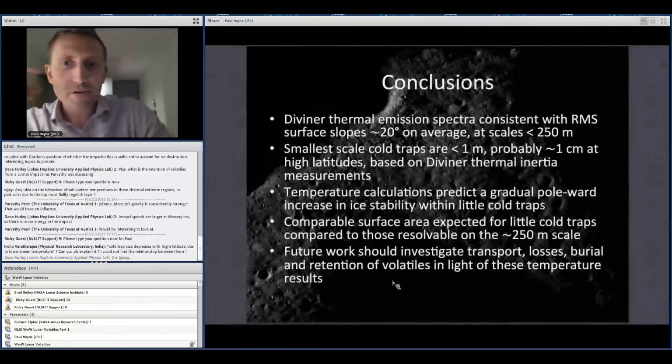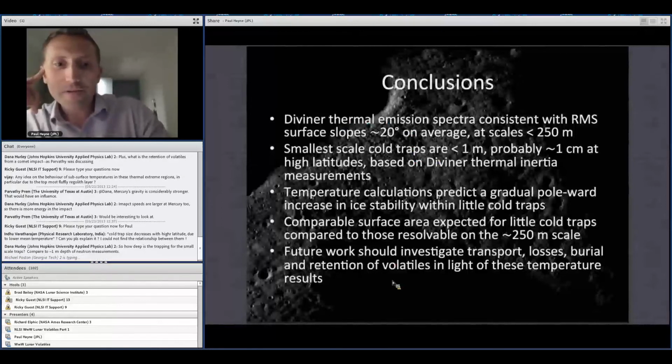The temperatures I showed demonstrate that there's a gradual increase in ice stability within these little cold traps. And based on these fractional surface areas for the different values of the RMS slope, we'd expect a comparable amount of surface area to be occupied by the little cold traps as the huge ones that we've traditionally mapped with these orbital data sets.